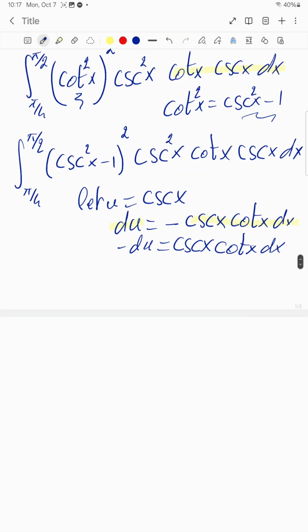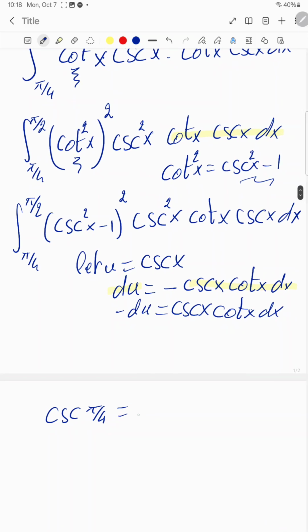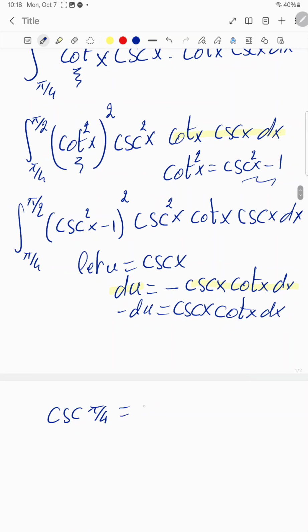So let's do that. Because I want to replace the cosec by u, I need to change the boundaries of my integral. I know that the cosec of pi over 4 is 1 over sine. It is equal to 2 divided by square root of 2, because the sine or the cosine is square root of 2 divided by 2, so I have to flip it.